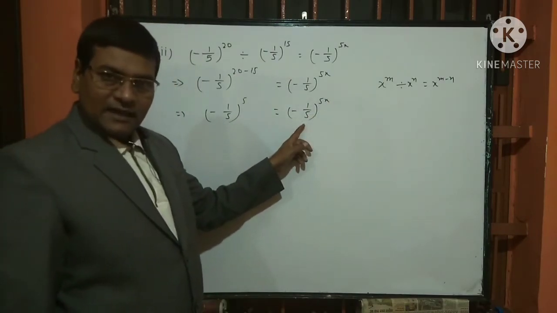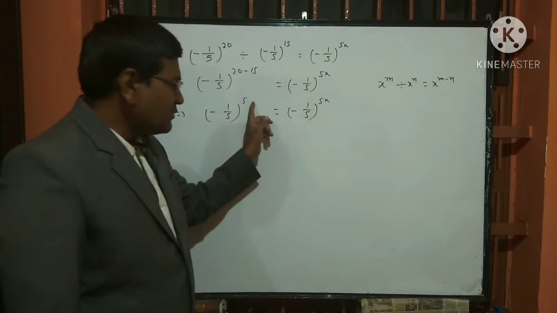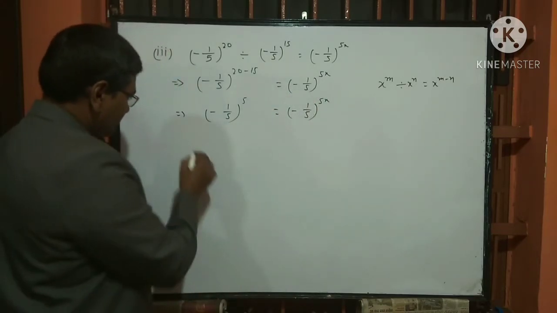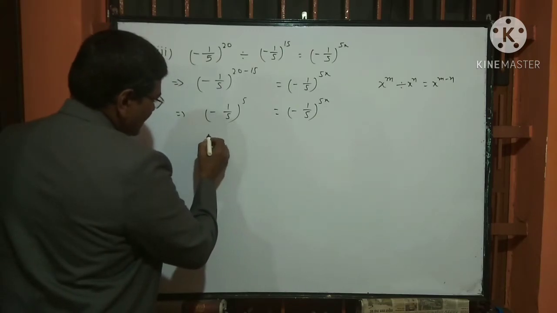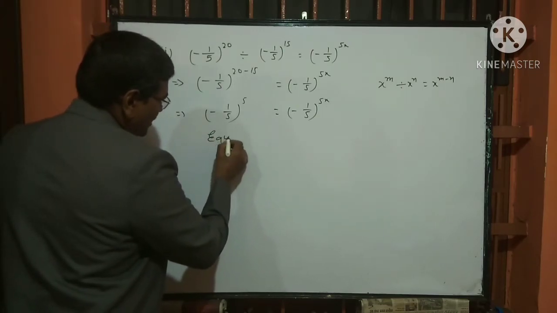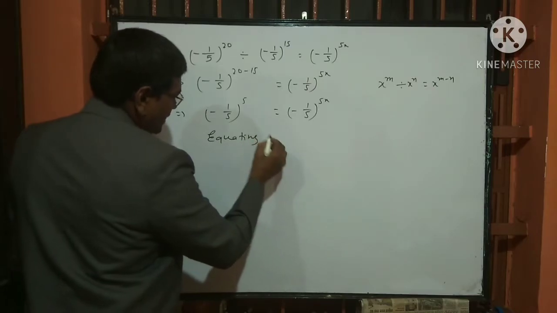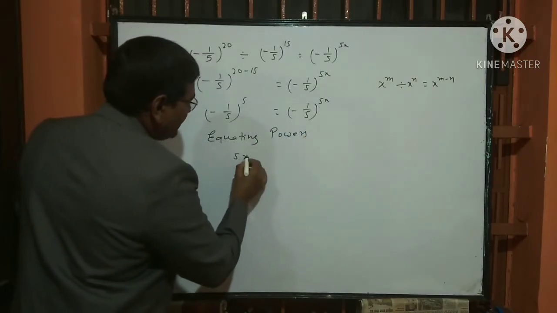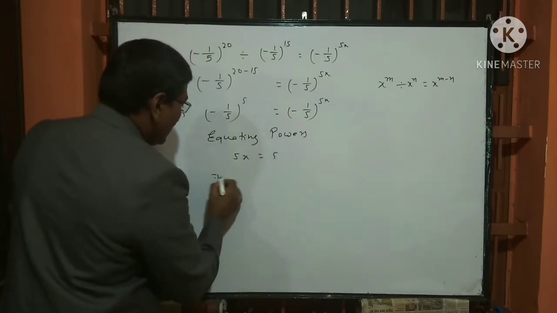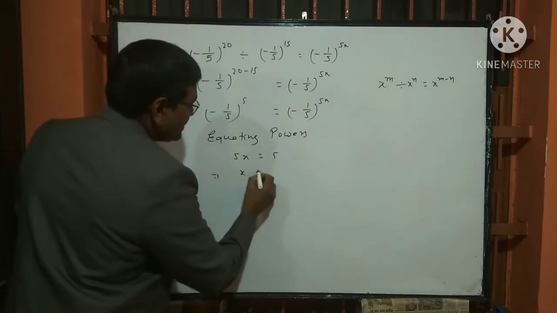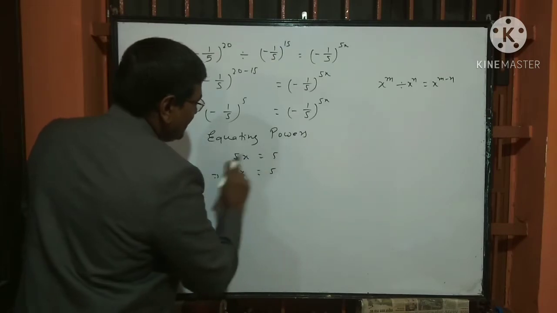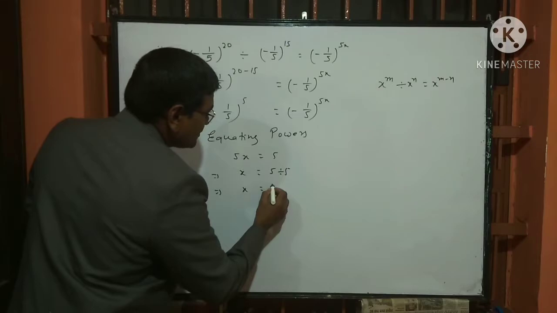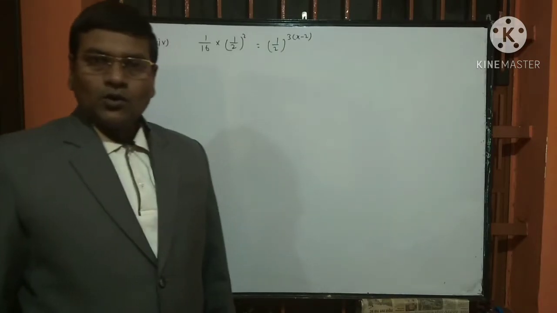Both bases are same, so their powers will be equal because there is a sign of equality. It is written as equating powers. Write 5x equals 5. Now 5x means 5 into x, so it will be 5 divided by 5, and your answer is 1.